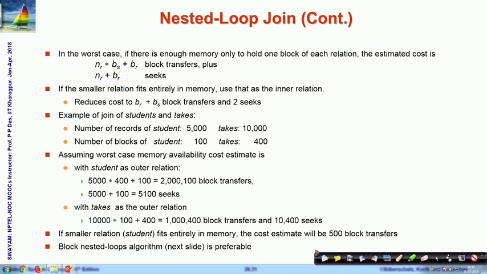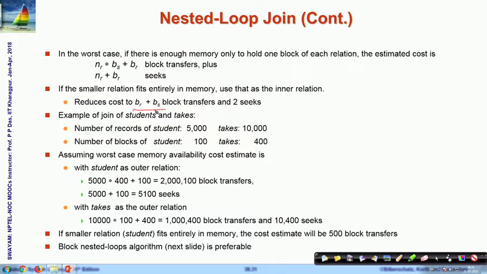One optimization that is very common is this: if the smaller relation can entirely fit into memory, then you do not need to do this repeated read for both relations. If it fits, then the cost will significantly reduce to b_r plus b_s block transfers, because the smaller one has already fit.